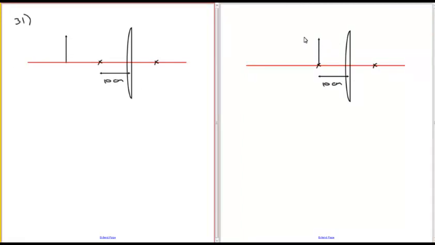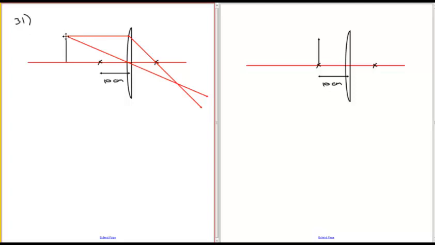So I'm going to do the ray diagrams. Again, we could just use the equation, but I want to explain how the image is formed. One ray goes through the center of the lens, and the ray that's parallel goes through the focal point. The second ray goes through the center and just goes straight, so you get that point.